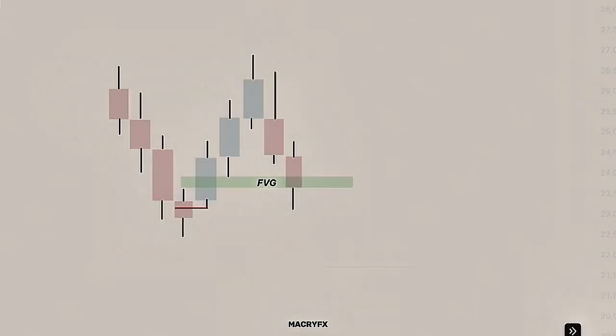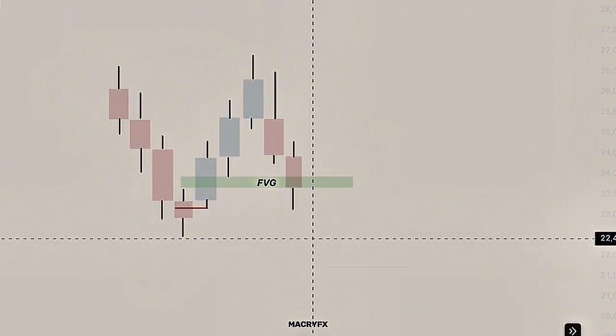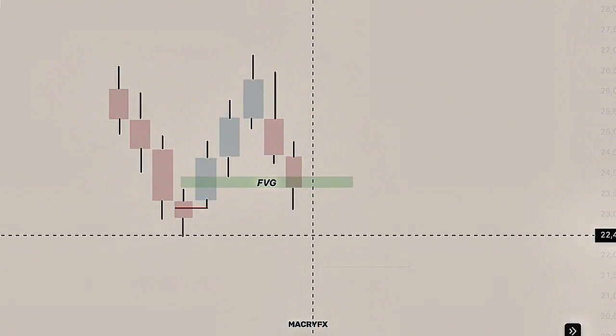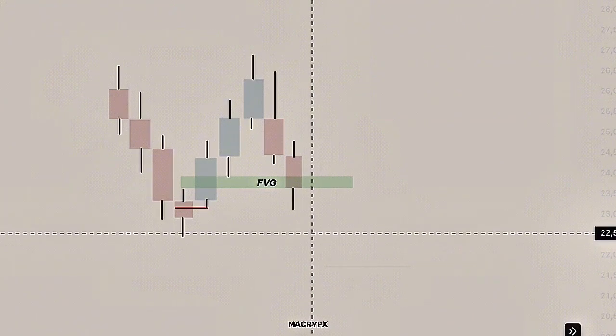Now let's identify deeply which is a valid order block. Here you can see there is a fair value gap as well as a liquidity sweep of the candle too. And the third thing here is there is no mother bar candle. Now the question is, which candle will act as a valid order block?